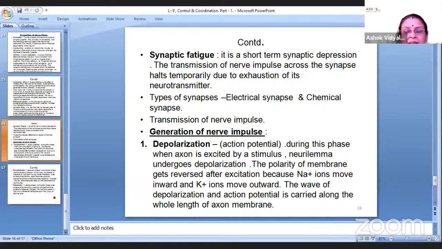Depolarization is the action potential. During this phase, when the axon is excited by a stimulus, the neurilemma undergoes depolarization. The polarity of the membrane gets reversed after excitation because sodium ions move inward and potassium ions move outward. The wave of depolarization and action potential is carried along the whole length of the axon membrane.